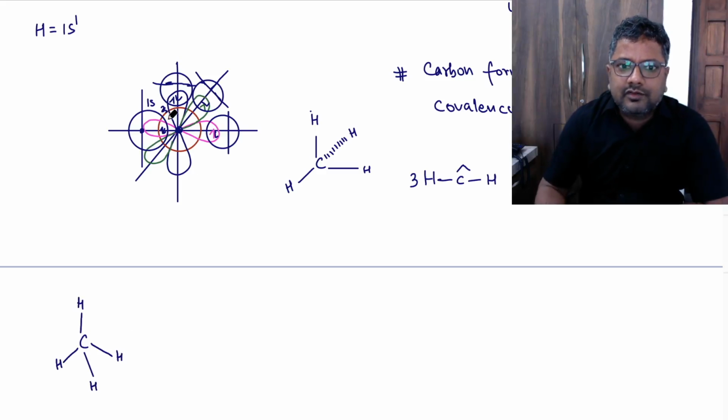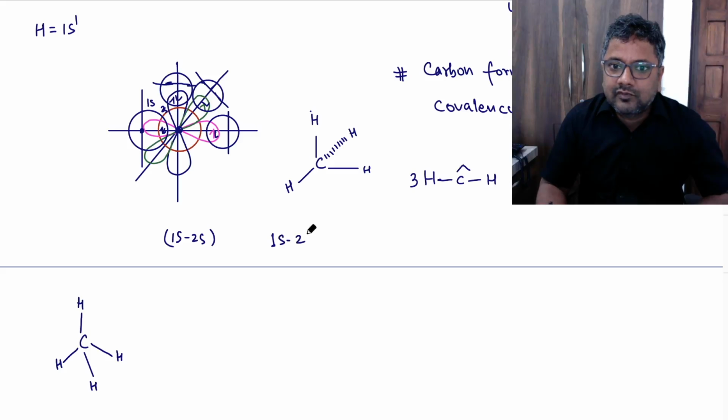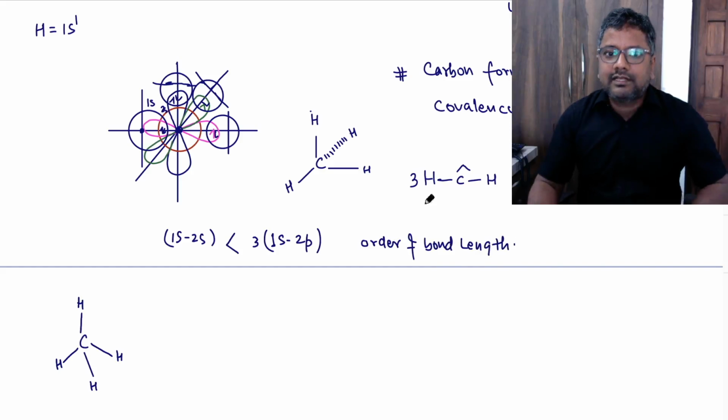Because you know here 2s and 1s overlapping has a shorter bond length than 1s and 2p overlapping, with three 1s-2p bonds, so this is the order of bond length as per this model.